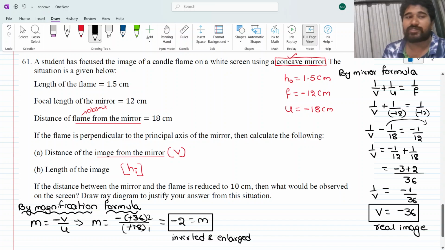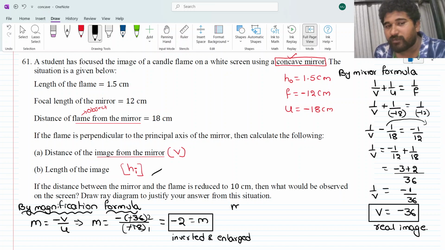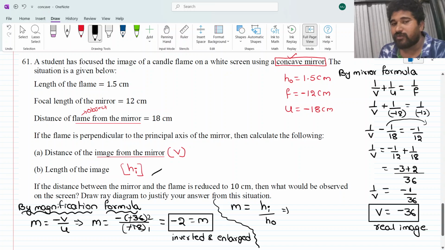But he asked us to find the height of the image. We have another formula for M, which is equal to height of the image by height of the object. M value is minus 2.